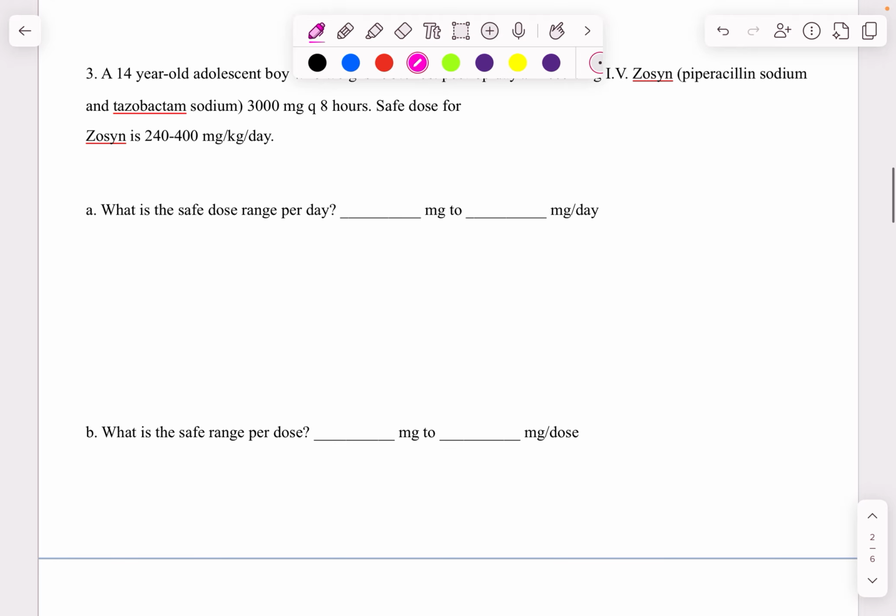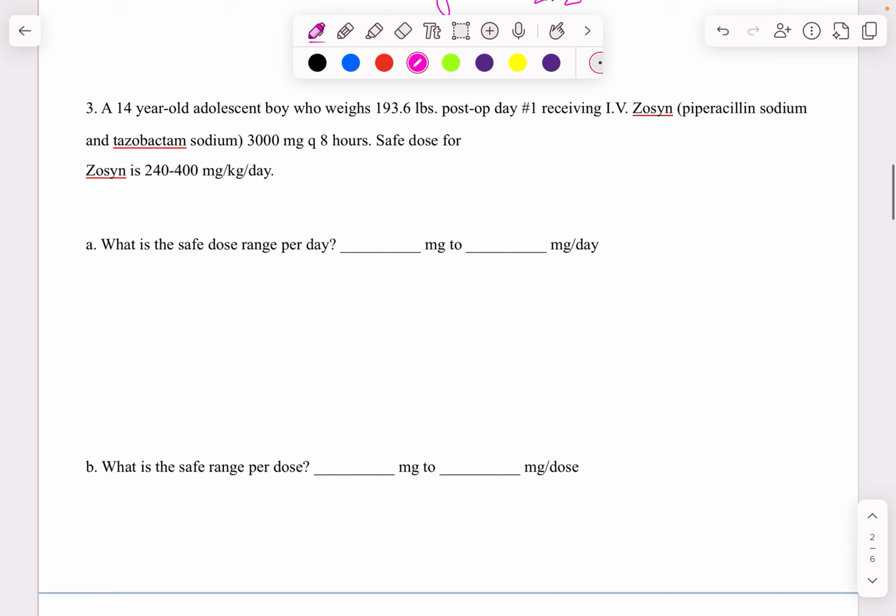Okay, so first for A, we're going to find the safe dose range per day. Okay, so starting with the weight, 193.6 pounds, 2.2 pounds per kilogram, and then on the low end, 240 milligrams per kilogram.